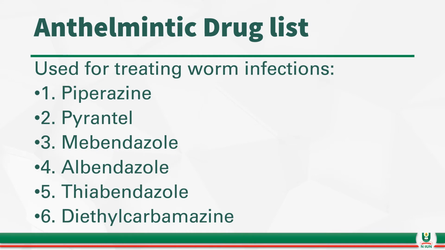So we have another one called antihelmintic drugs. Antihelmintic drugs are used for treating worm infections at the primary healthcare level. So we have the antifungal, we have the antiviral, now we have the antihelmintic. This is the third class of drugs in this category of medications that are in the primary healthcare list.